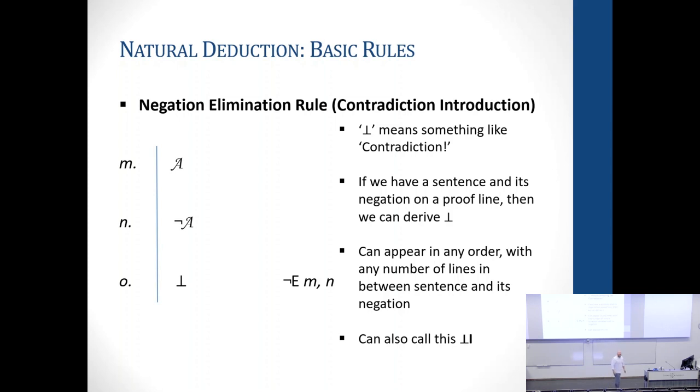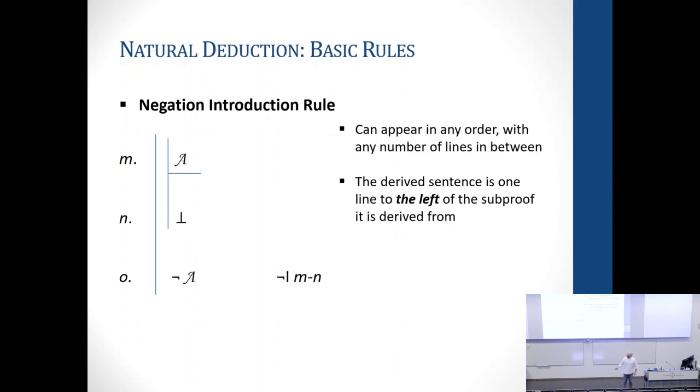So one thing that's very strange, to go back a slide: every time you do a negation introduction rule, what rule will you have to use inside the subproof? You will always use negation elimination inside a negation introduction subproof.